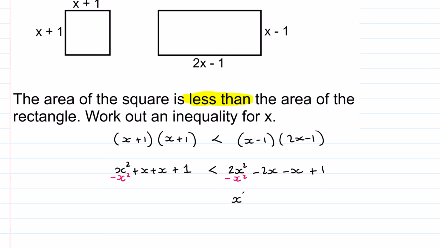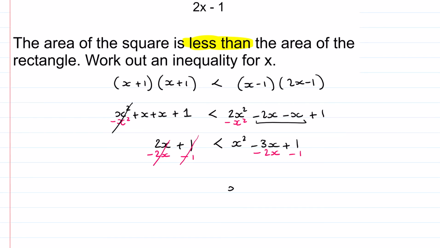So x squared, and then we're going to simplify, minus 3x plus 1, and this goes 2x plus 1. I'm going to take away the 2x from the negative 3x and the minus 1. I'm going to take that away from there too. So I now have x squared minus 5x. That disappears as well.